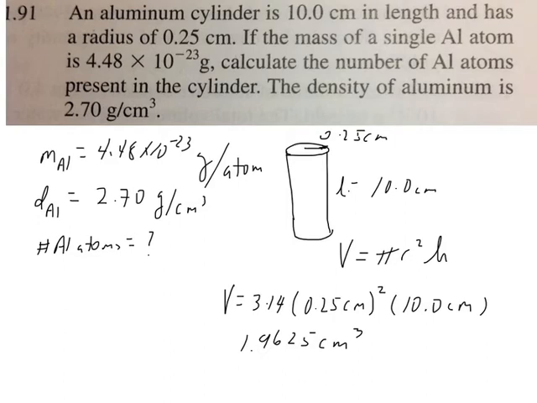It's important to note at this point, do not round to significant figures, because you're not done with the problem. The only time you round your significant figures is at the very end. So don't round that number. We're going to carry that number through the rest of the problem.